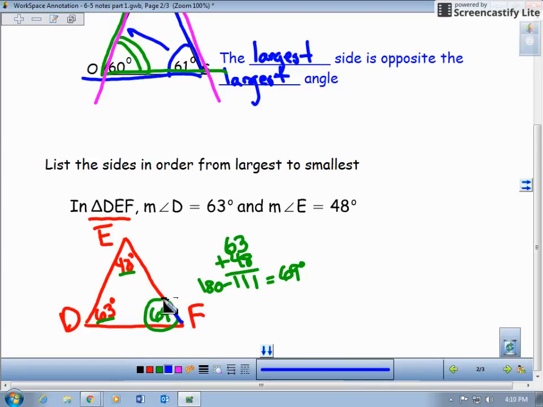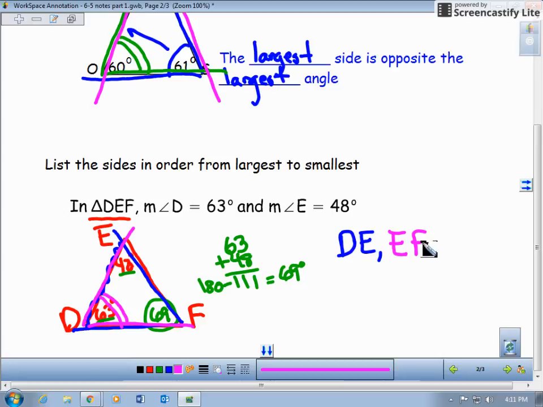And so it opens up the largest. That means that DE would have to be the largest side here. The next largest side would be opposite the next largest angle, which is 63. It would open up to EF. And so EF would be your middle side, second largest.